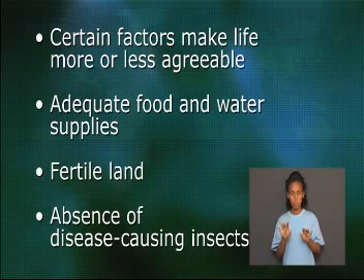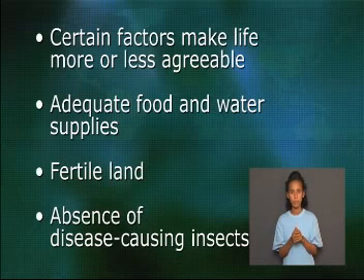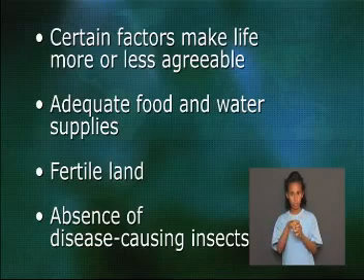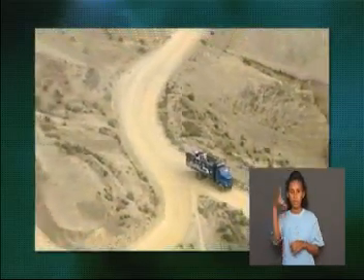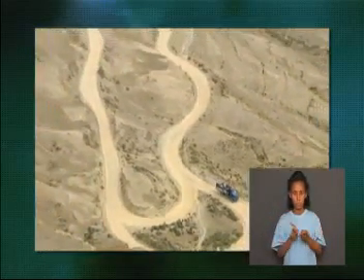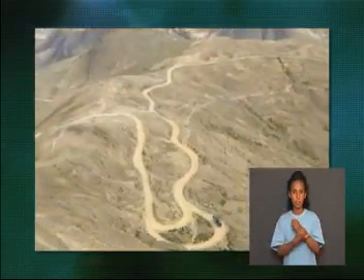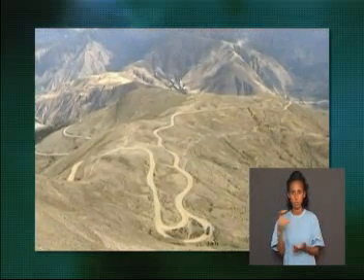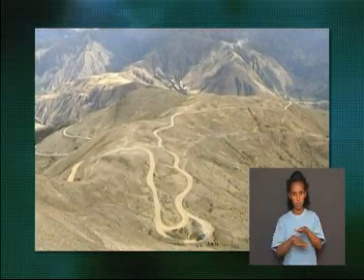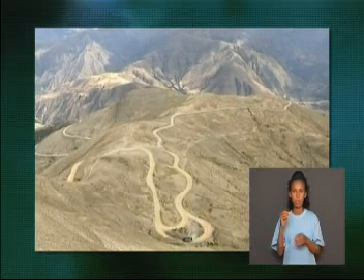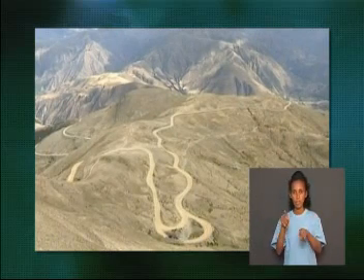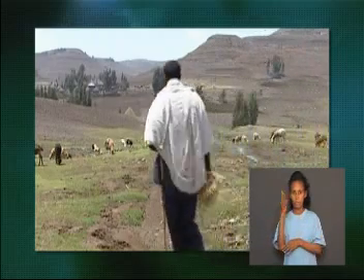Great work, students. Like in other countries of the world, people in Ethiopia are unevenly distributed throughout the country for a variety of different reasons. The highlands and plateaus in Ethiopia, which are the regions above 1,800 meters above sea level, are known for their agreeable climates, fertile soils, and dense vegetation.